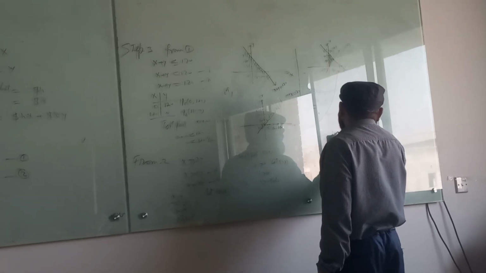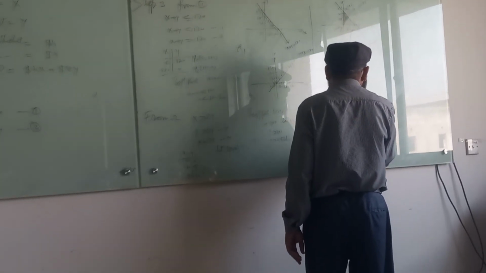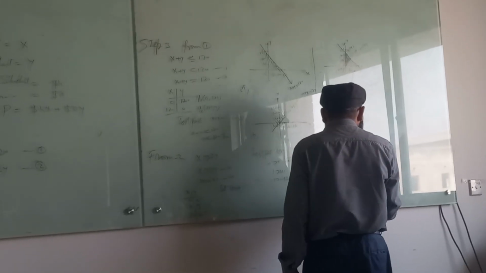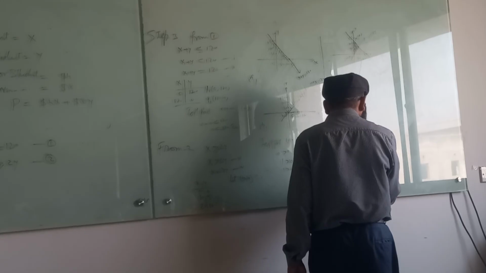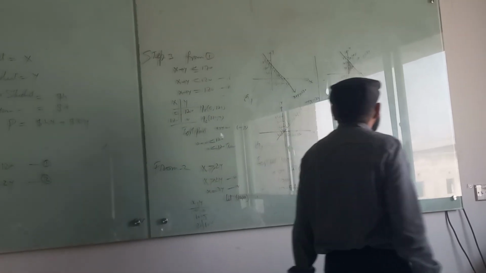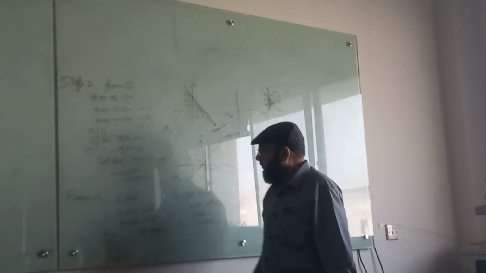For the x coordinate, put this value here. x will be 120 minus 40, that is 80. x is equal to 80, and the vertex will be 80 and 40. So this is required.